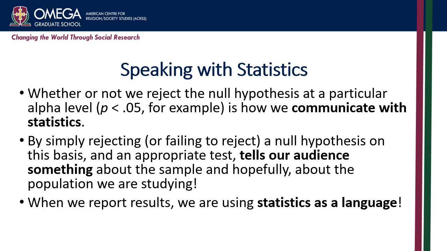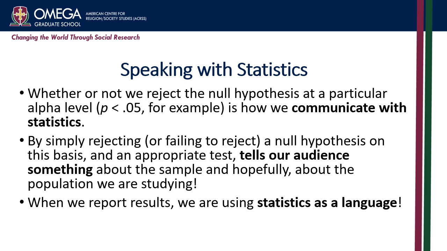I would like to connect these concepts to the idea of statistics as a language, which is our tradition here at OGS. Whether or not we reject the null hypothesis at a particular alpha level, or p is less than 0.05, for example, is how we communicate with statistics, which again is the language of the scientific world.